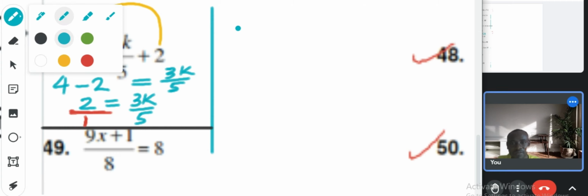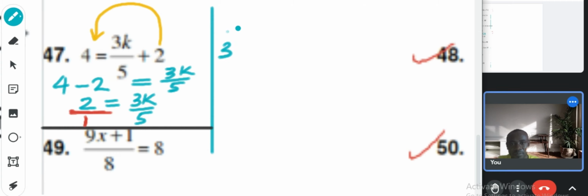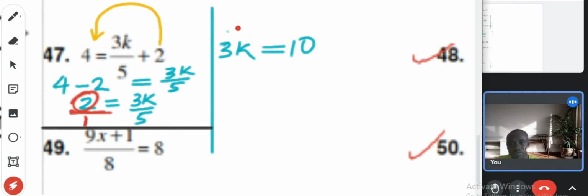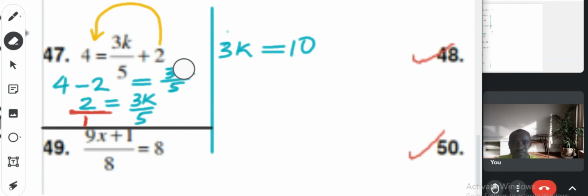So I'm going to have 3k equals 1 times 3k is 3k. So equals, then I will do this times this. Is it not 2 times 5? That gives 10. So 2 times 5 is 10. Okay, so what do I do at this point now?